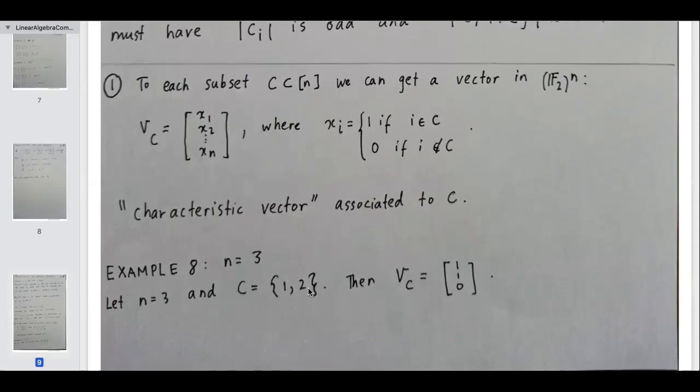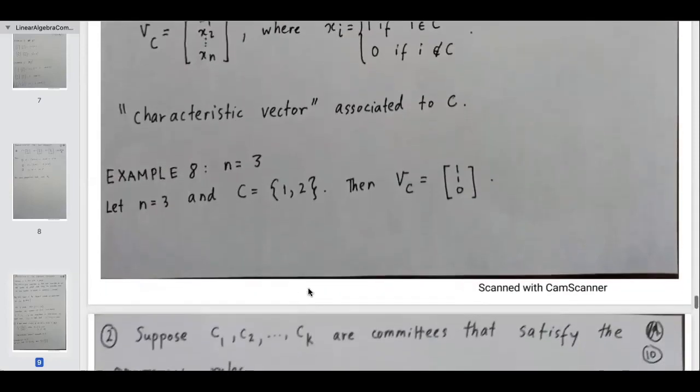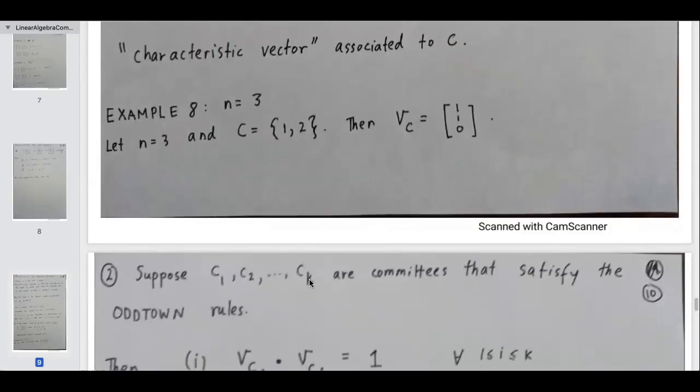So now how could we use these vectors associated to C and try to solve the problem? The first step would be to translate the conditions of Odd Town, the rules of Odd Town, into some more linear algebra conditions, meaning conditions using dot products or things like that.